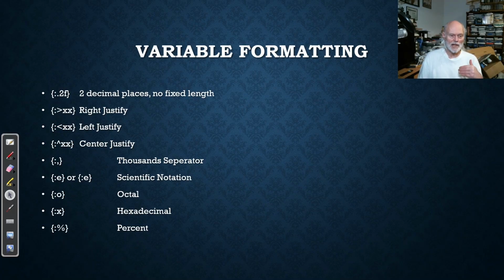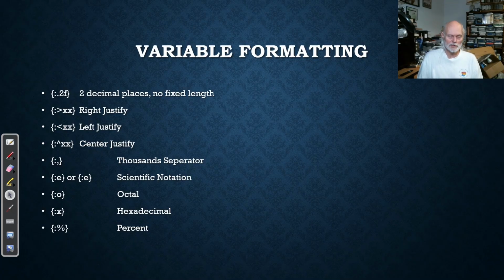Again, right align is default for numbers, left align for strings, but I can force something to right align with a greater than sign, less than sign for left, a caret to center it. Use that in headings, but typically that's the only place.